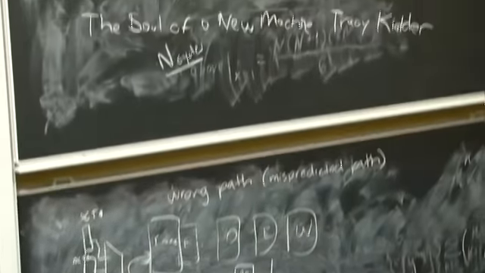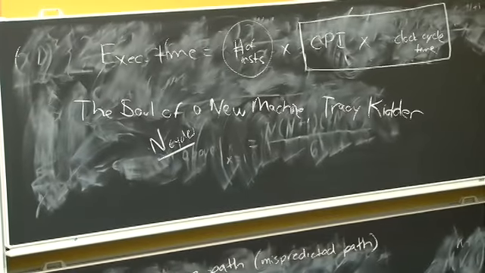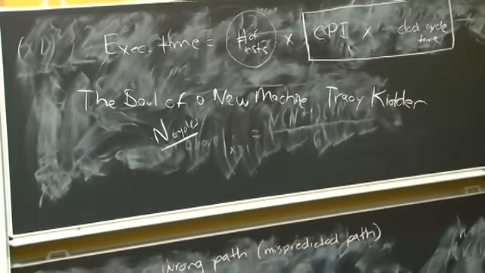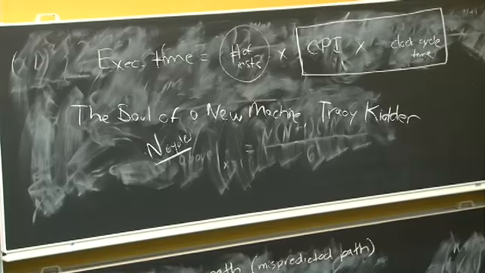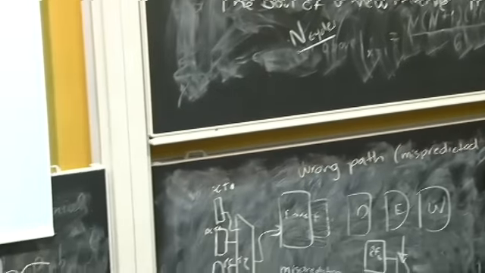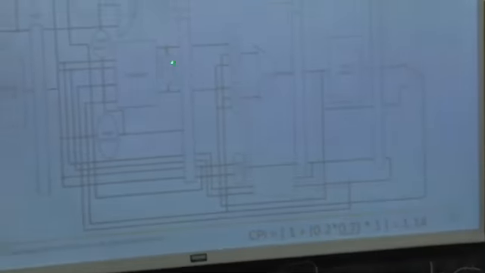So we reduced CPI, right? Before it was 1.28, now it's 1.14. But we potentially did something bad to this, right? Why? Before, we didn't have this comparator after the register file.